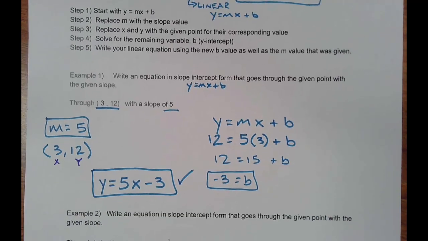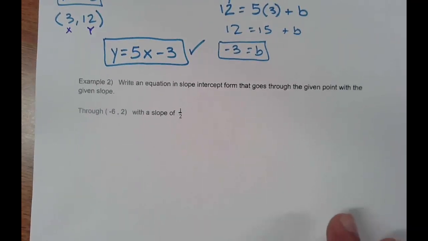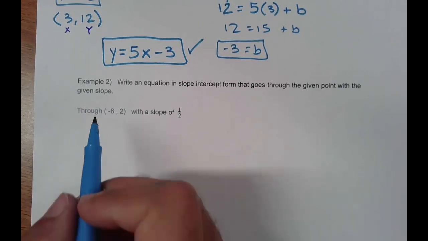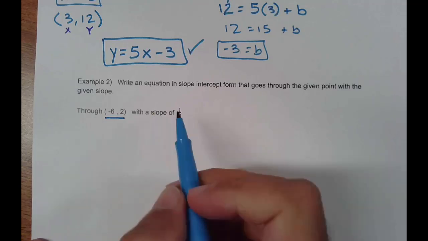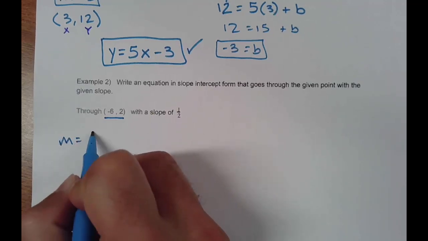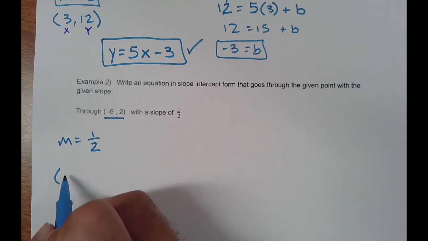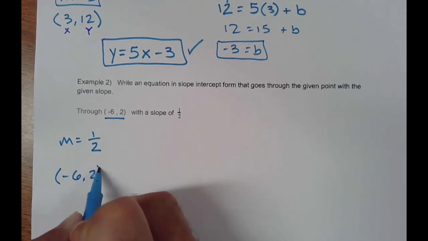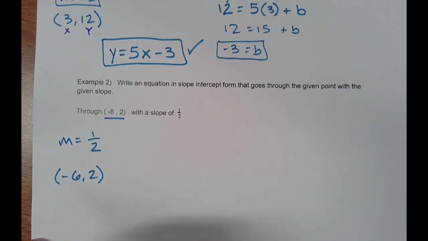Let's do another example. Write an equation that goes through (-6, 2) with a slope of 1/2. So again, I know m is 1/2, and I'm going through the point (-6, 2). X and y.